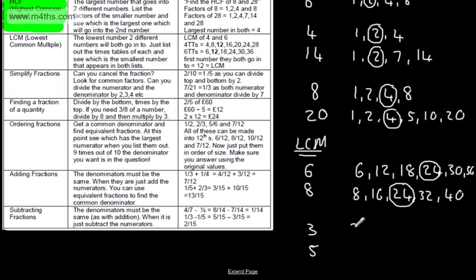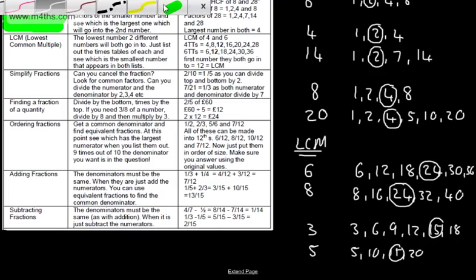If we look at this one, we'd have 3, 6, 9, 12, 15, 18. This one we'd have 5, 10, 15, 20. We can clearly see the lowest common multiple is 15. Again, if you do that with 2 and 4, you're going to get 8, but of course it's 4. So lowest common multiple, the first number 2 or more go into.